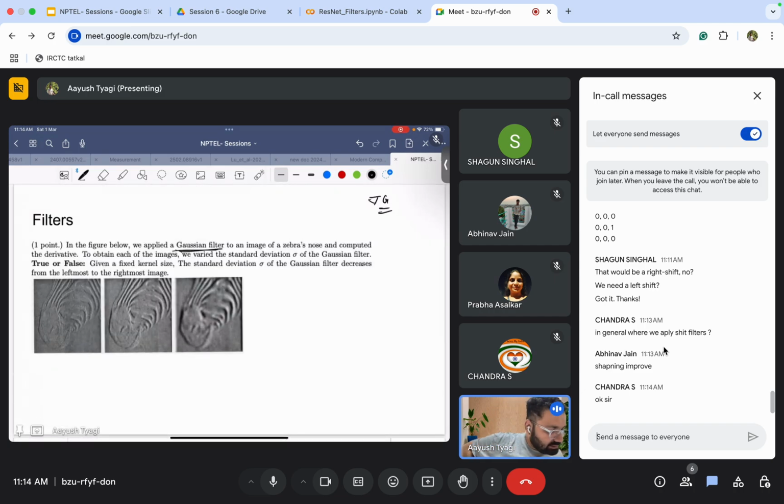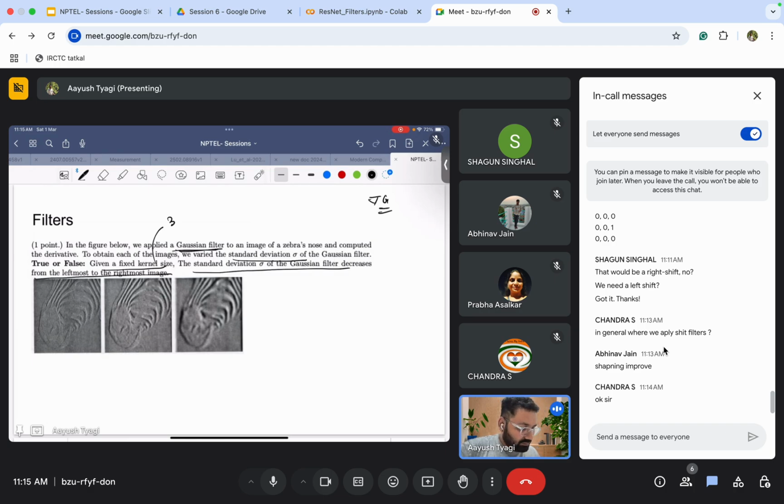Next question. We apply a Gaussian filter to the image of the zebra nose and compute the derivative. To obtain each of the images, we varied the standard deviation of the Gaussian filter. Given a fixed size kernel, let's say 3, the standard deviation of the Gaussian filter decreases from left to right.